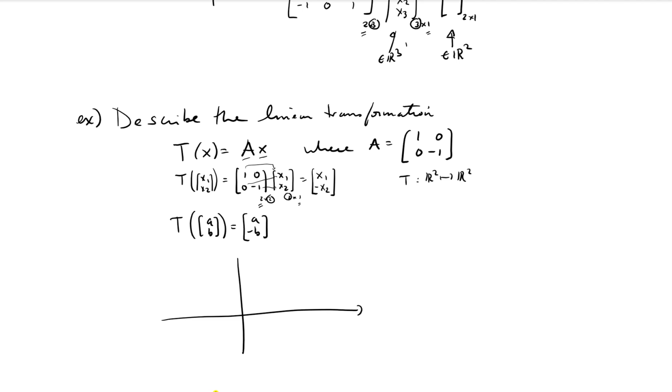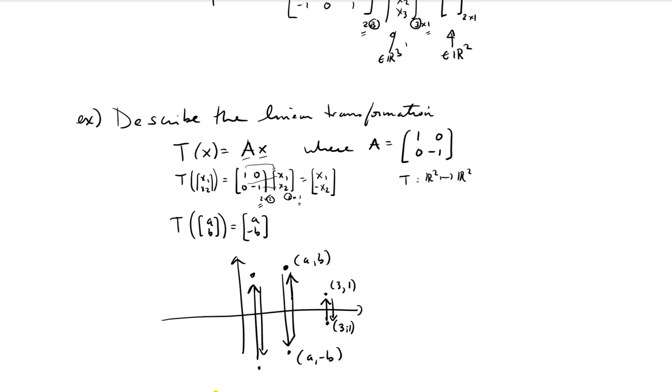For example, this point (a, b) gets sent onto (a, minus b), down there. If I take 3, 1, it gets sent onto 3, minus 1. So if I've got a point here, it's mapped like that, and vice versa, so the arrow goes the other way around too.